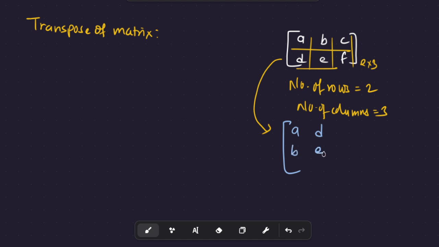Similarly B, E and C, F. Now this matrix has been transformed to this matrix just by interchanging the rows into columns and vice versa. The row has become column and column has become row.